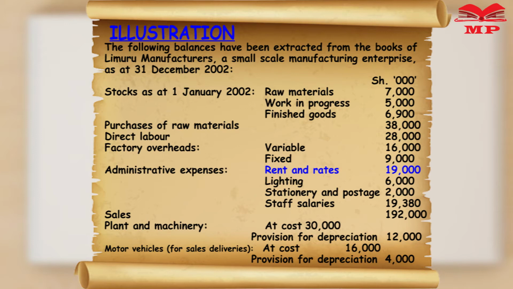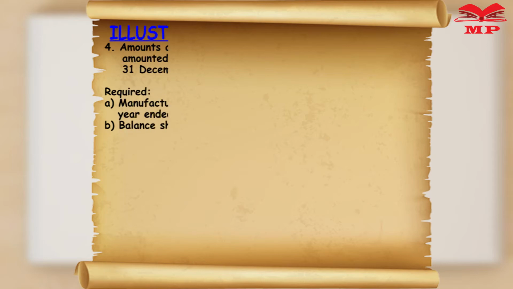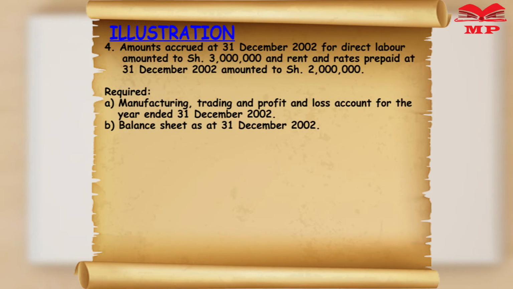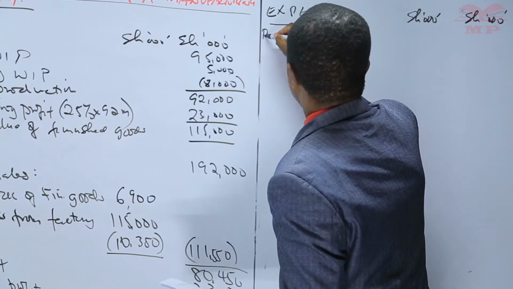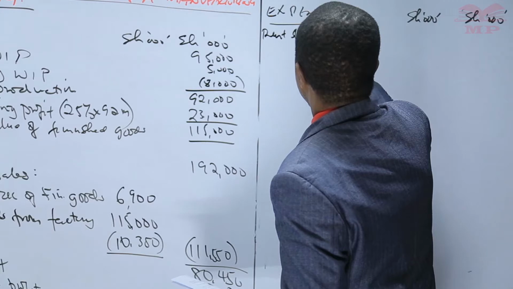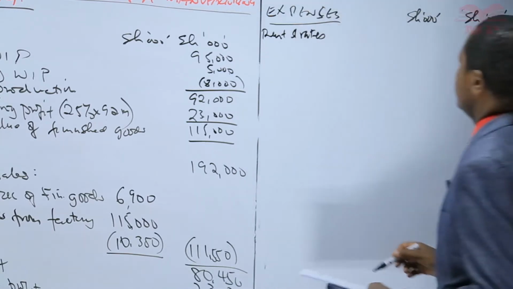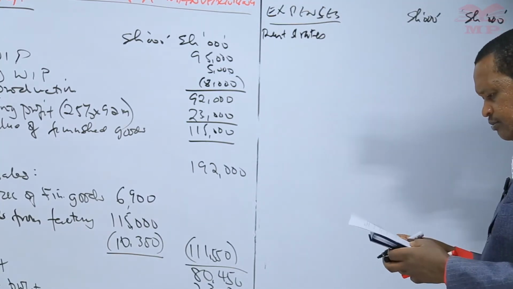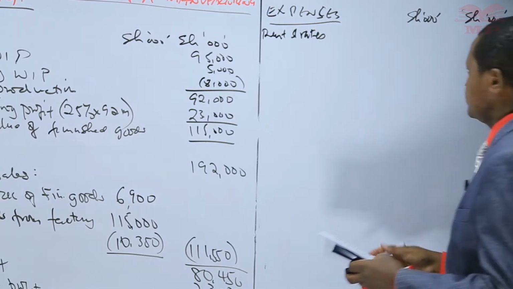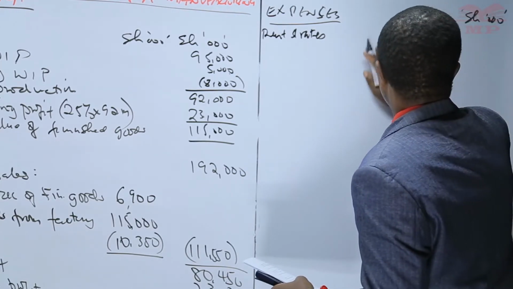That will need an adjustment. If you are to check note number 4, we are told that the rent and rates prepaid at 31st amounted to 2 million. So rent and rates, the amount there is 19 million.